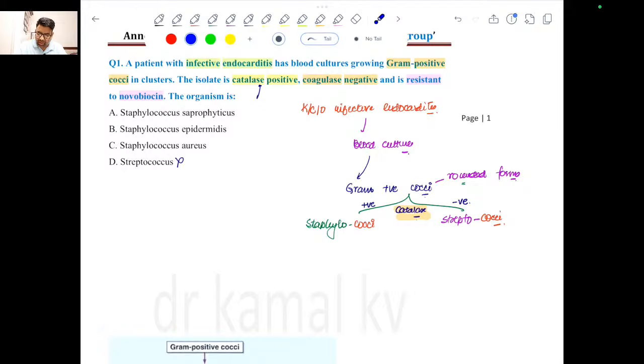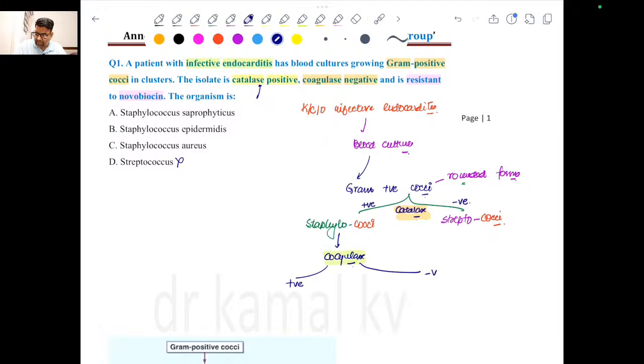So what we will do now, we will take the help of coagulase, right? So we will go for coagulase, and it can be coagulase positive or coagulase negative. If it is coagulase positive, this is Staphylococcus aureus. Clear? Now here in the question, this is coagulase negative.